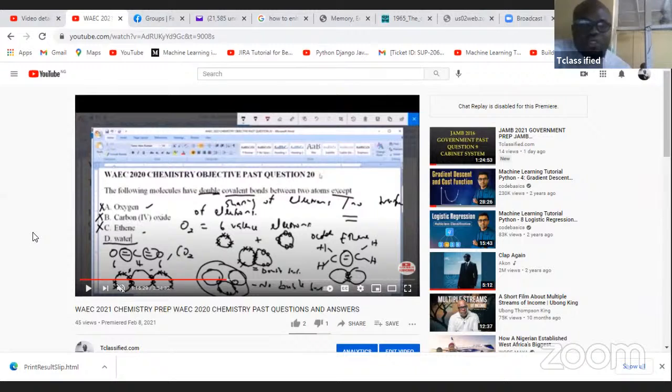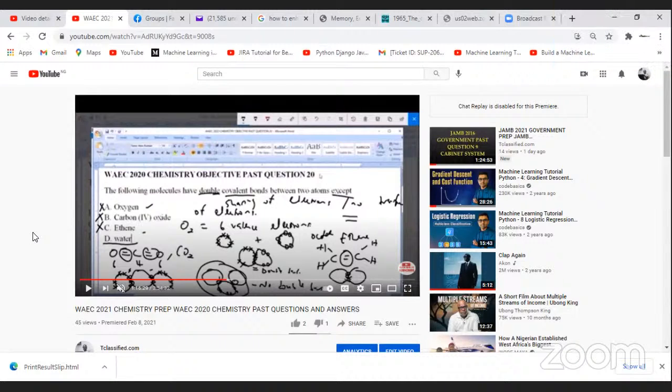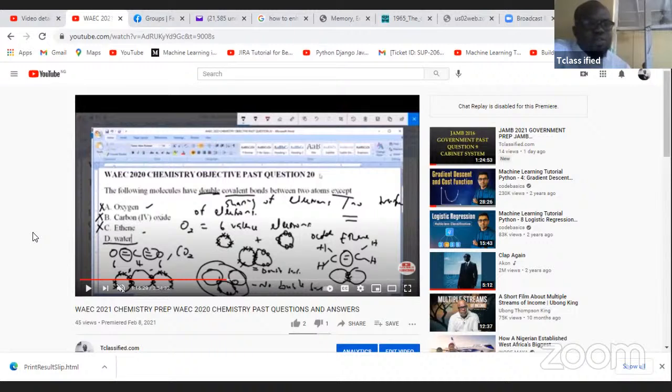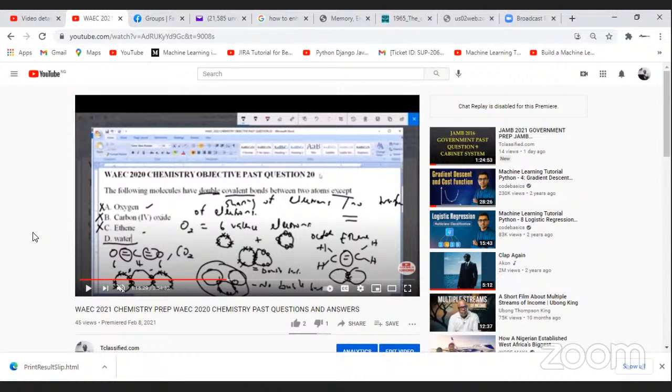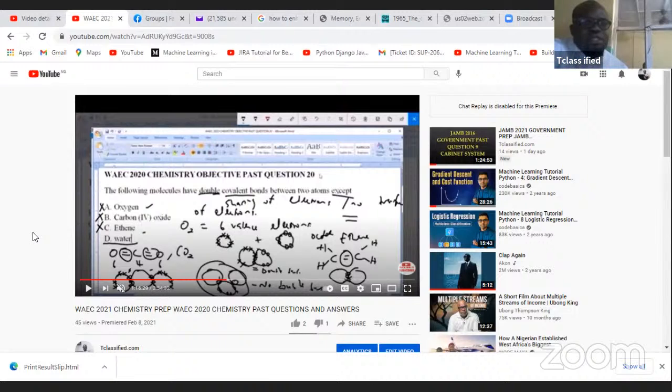That means they have the octet configuration, 8 at the outermost shell. So which of them has double covalent bonds? It's trying to tell us that 3 of them have double covalent bonds, but 1 does not. So which one is that?